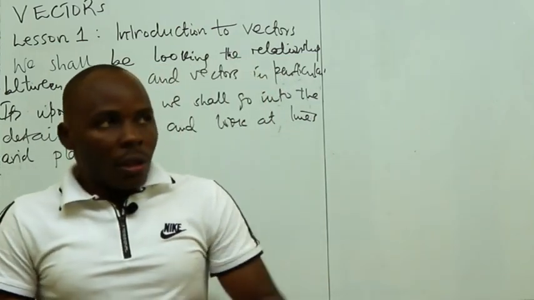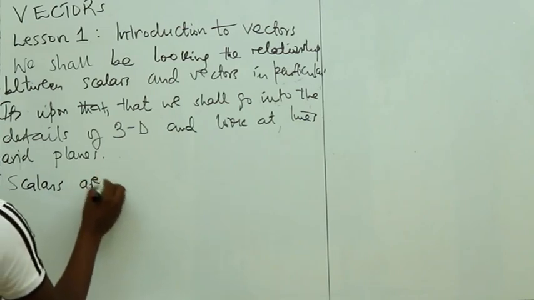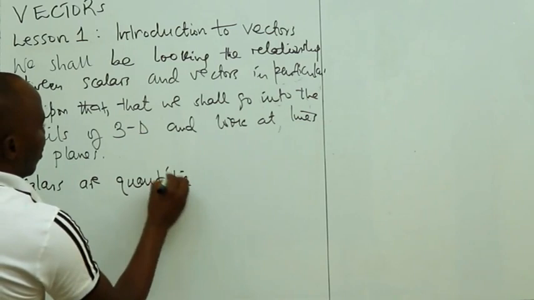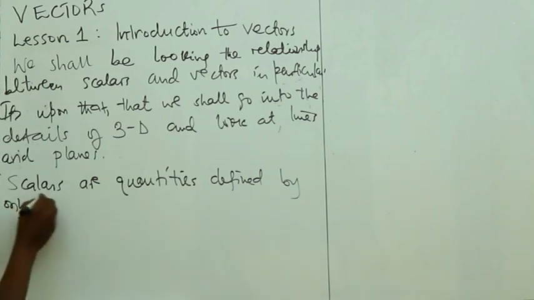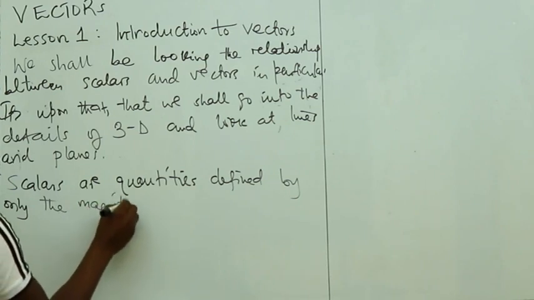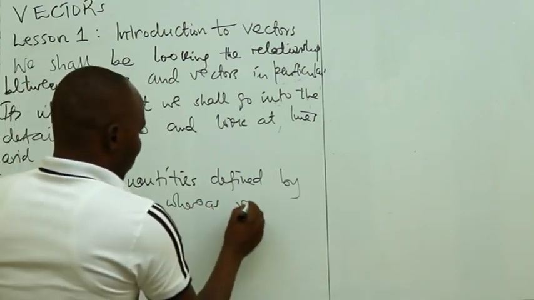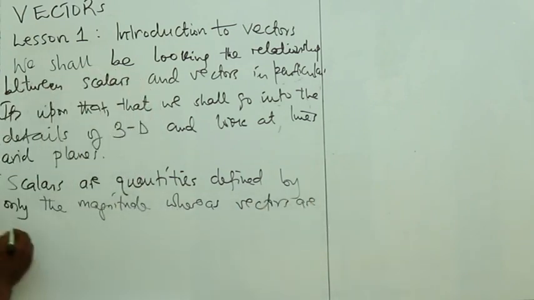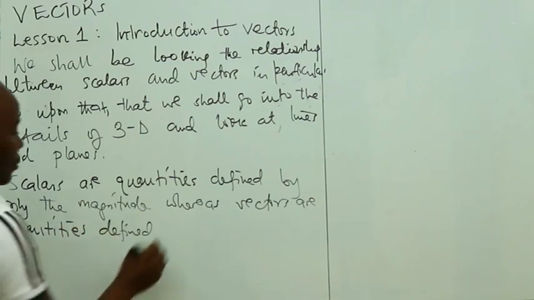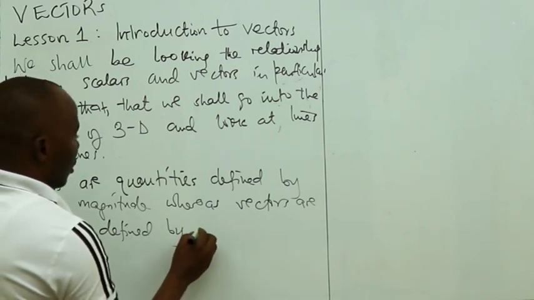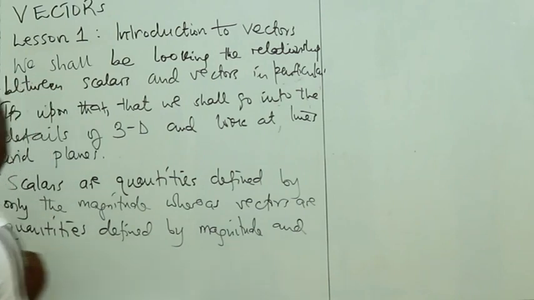So, scalars are quantities defined by only the magnitude, whereas vectors are quantities defined by magnitude and direction.